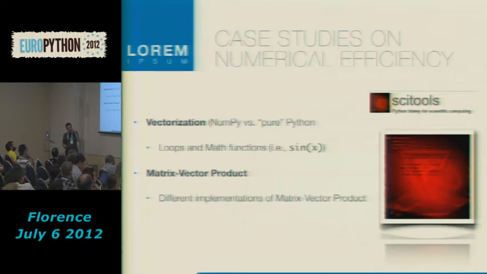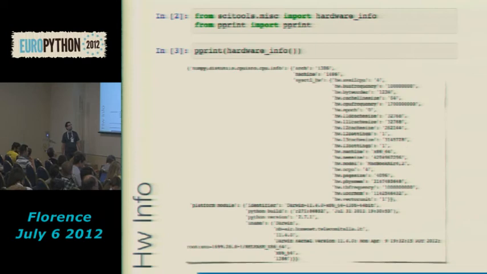Just a brief introduction. For this kind of stuff, I also used, in addition to the previous tools, SciTools, which is a sort of collection of libraries and functions built on top of NumPy and SciPy that provides some already built-in functions for taking times or printing tables of results, without re-implementing them from scratch.